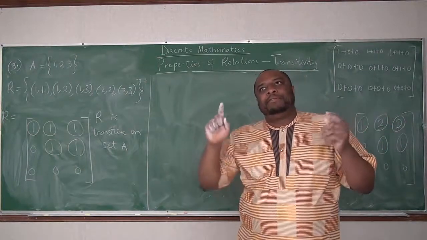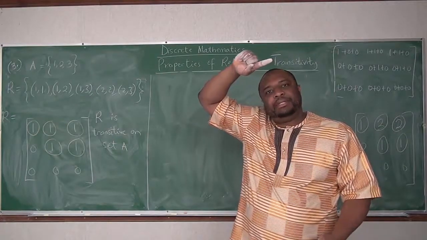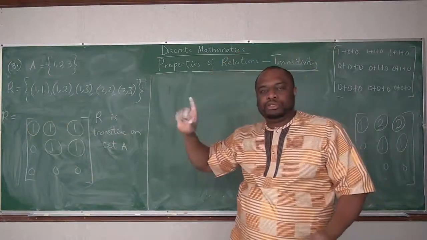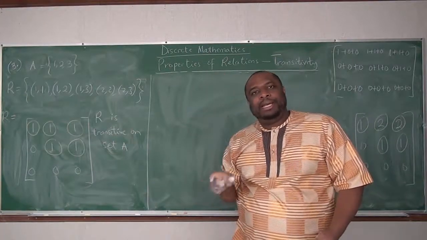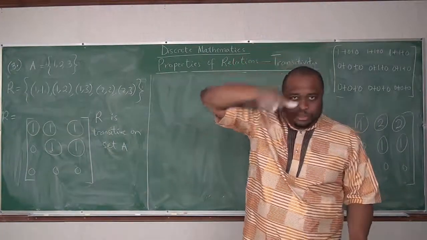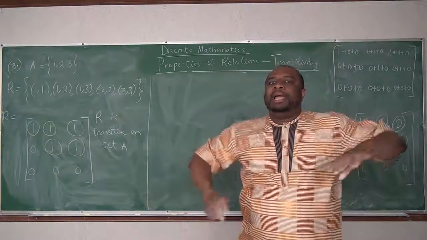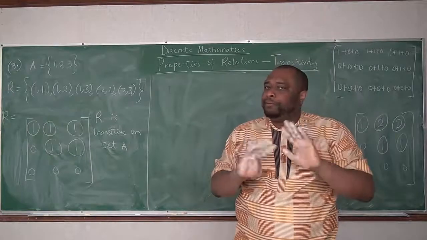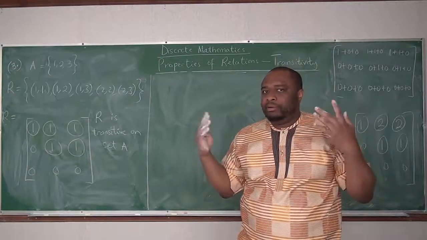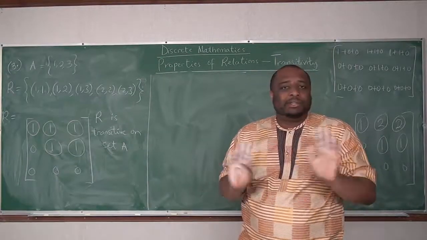If you have an edge from node 1 to node 2, and an edge from node 2 to node 3, then you must have an edge from node 1 to node 3. Must. If you don't have an edge from this to this and this to this, no problem. If you don't have any case, no problem.